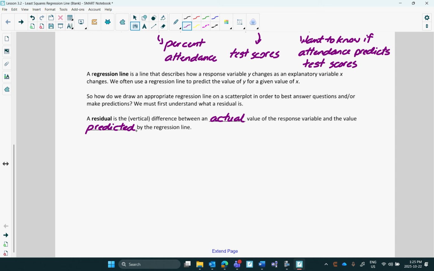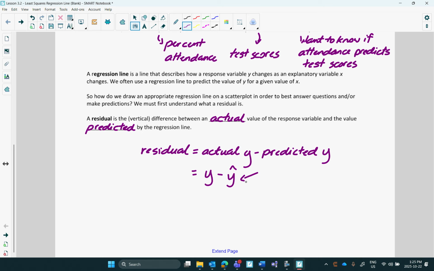Okay? So the residual equals the actual y minus the predicted y. Or using notation, y minus y with a little roof over top of it, and we actually refer to this as y hat.